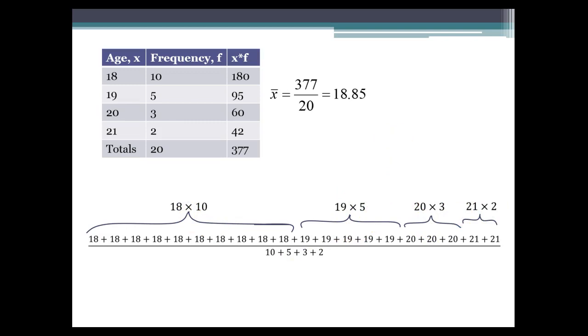So what I want you to get from this is that the weighted mean is the sample mean. The weighted mean, it's doing exactly the same thing. It's just a way to write it when you've got the data that's grouped. But when you've got data that's given in a frequency table, this is the format that you've got to do it.